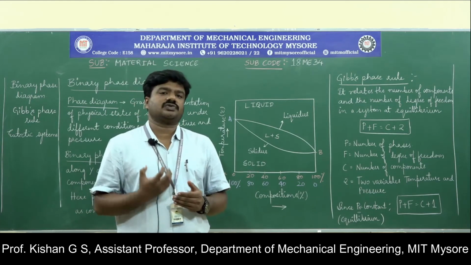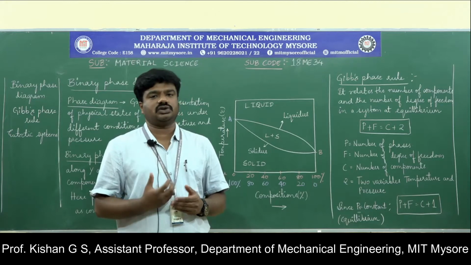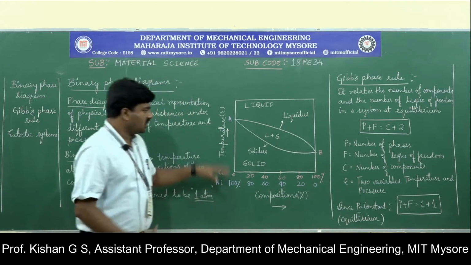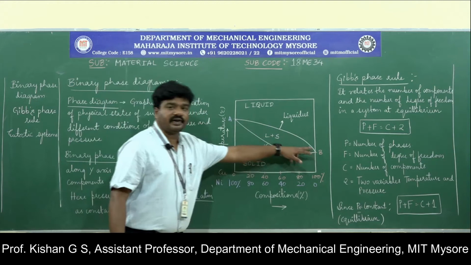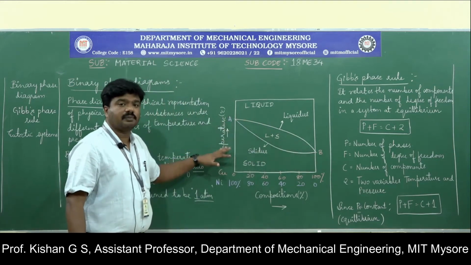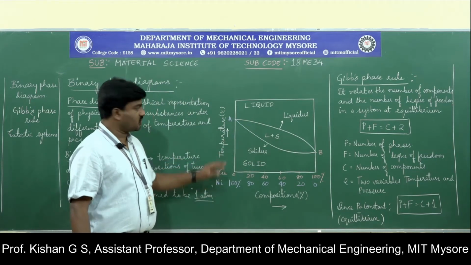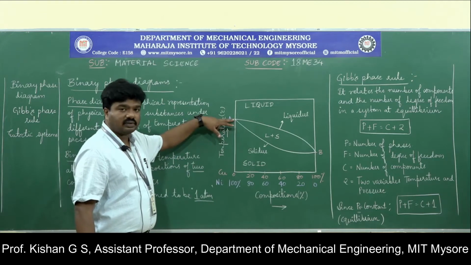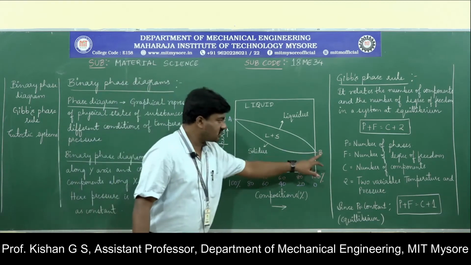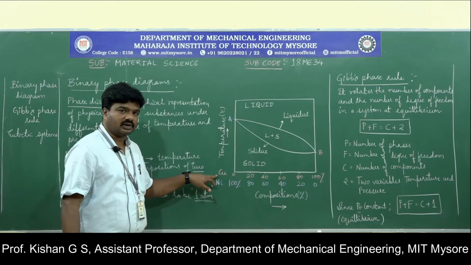That is where the process of solidification and solid solution comes into the picture. These are the two different temperatures at which the melting of the respective materials takes place. A is the melting temperature of nickel, whereas B is the melting temperature of copper.